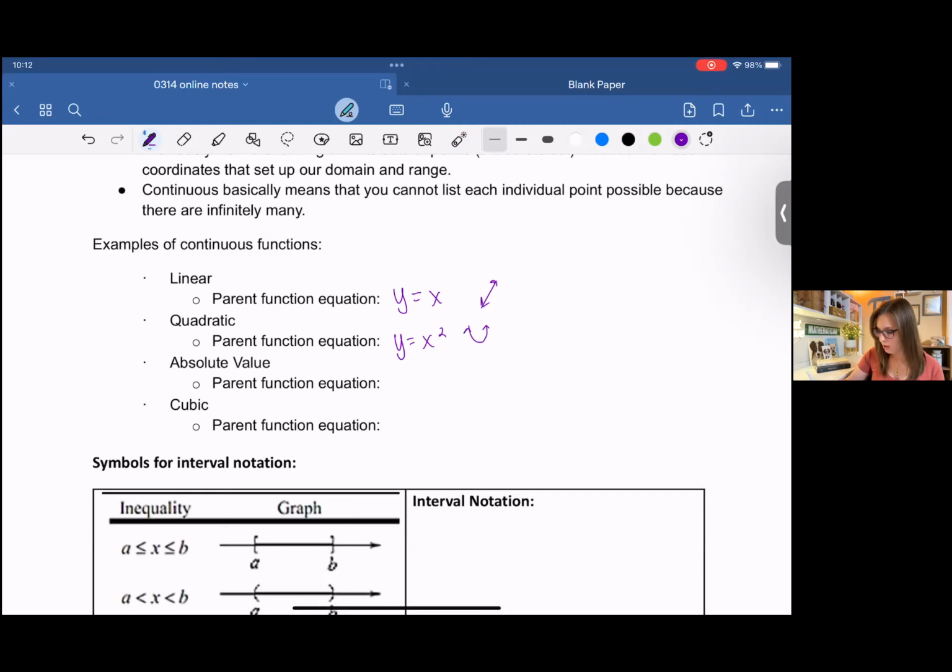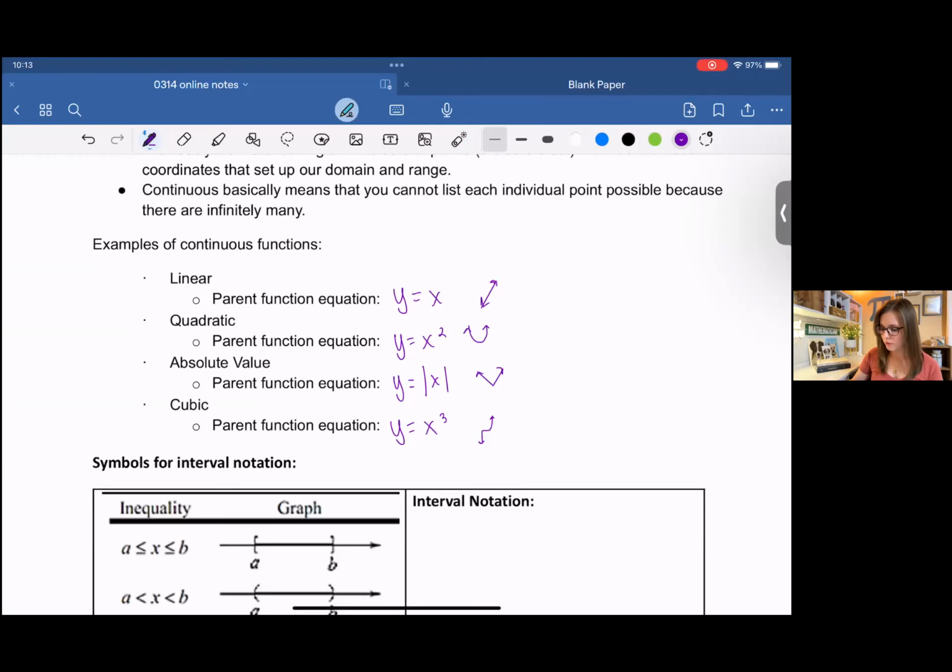And then absolute value is y equals absolute value of x, and that is a V-shaped graph. It can be upside down. Same with quadratic, it can be upside down, but it's still a V-shaped graph. And then the cubic function is x to the third, x cubed. I did a bad drawing, but it's kind of like that. So those are just some examples.